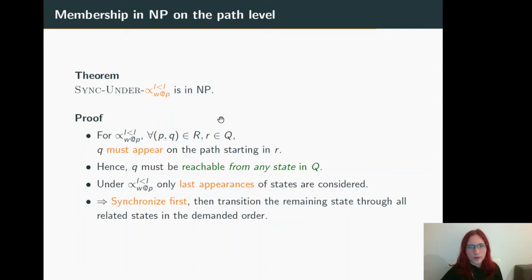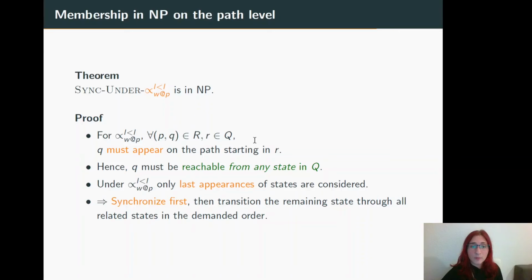And this comes from the following observation: for a pair of states which is contained in the input relation, we must have that the state Q appears finally on the path, since we demanded that the last position of Q is strictly bigger than the last position of P. And since we're by definition demanding that this is the case on all paths, meaning that regardless of where we start, the state Q must be reachable from any state in the set of states.